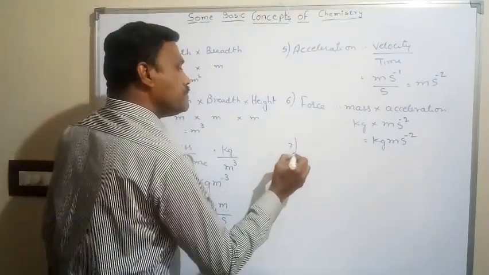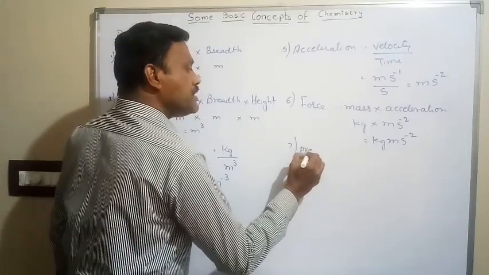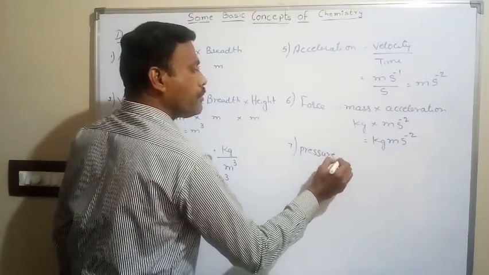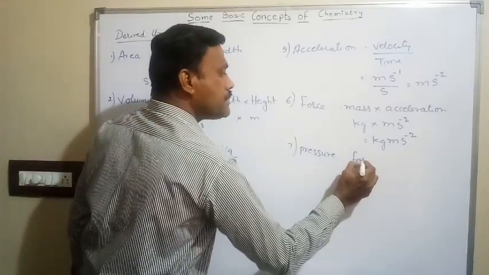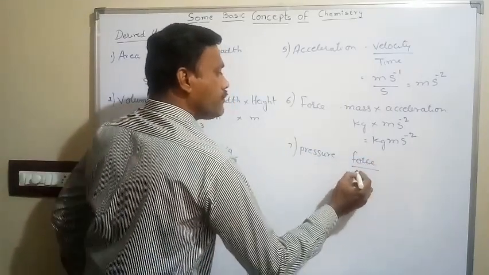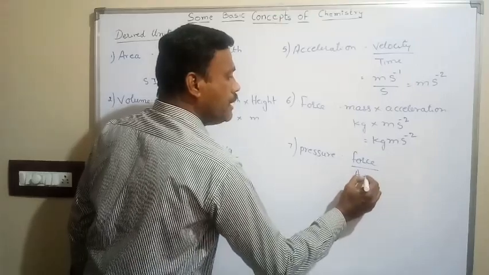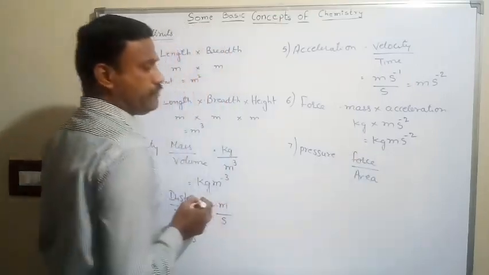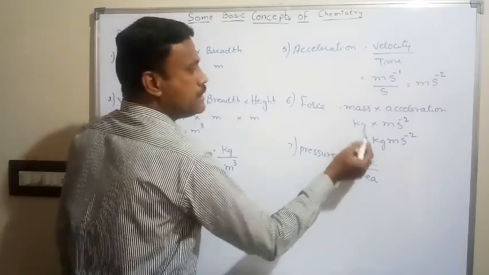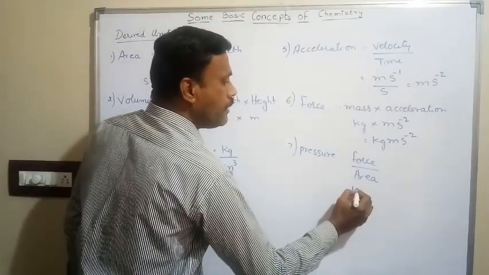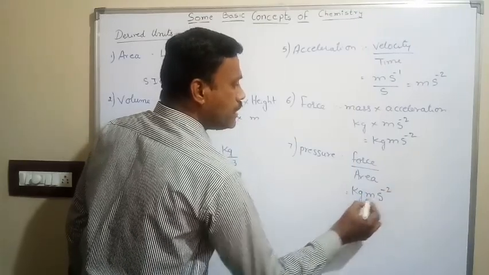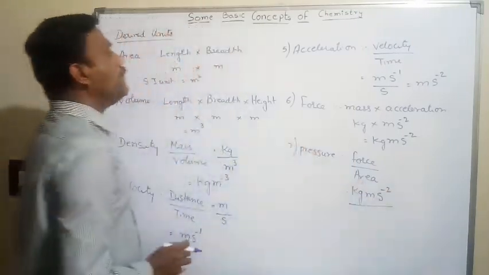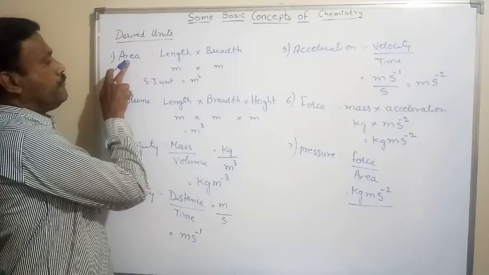The next comes pressure. Pressure is described as force by area. Force has the SI unit kg meter per second square, divided by area.